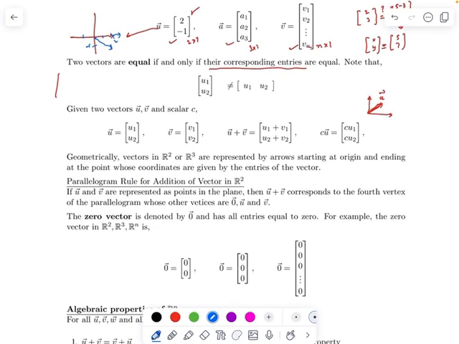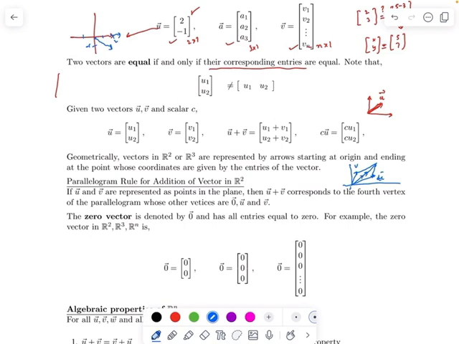So what does that mean? The parallelogram law works like this. You have two vectors, let's say u, and this is v. This is the other vector, and then we make a parallelogram like this. The resultant is this one.